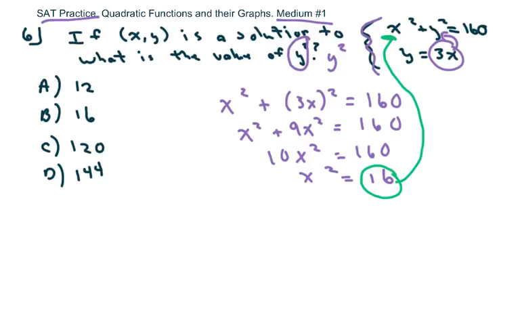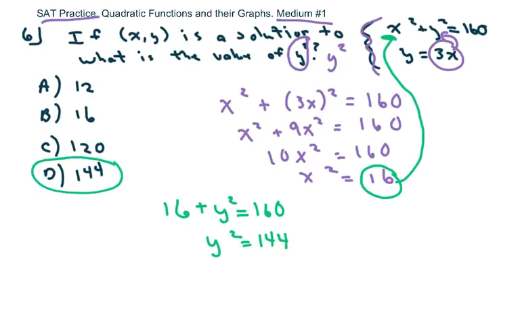So we have 16, which is x squared, plus y squared equals 160. Subtract 16 from both sides, and you get y squared equals 144. And that's your answer.